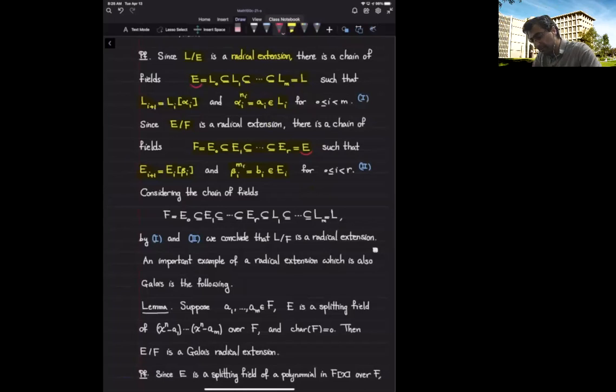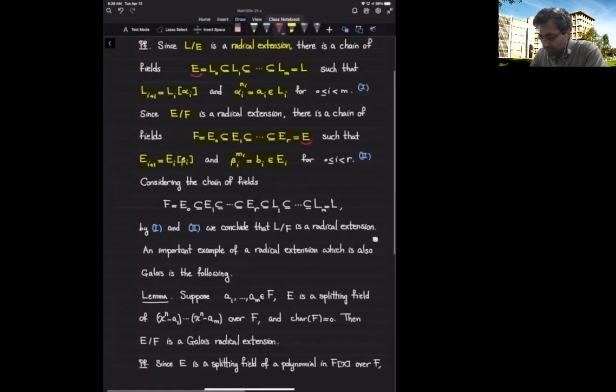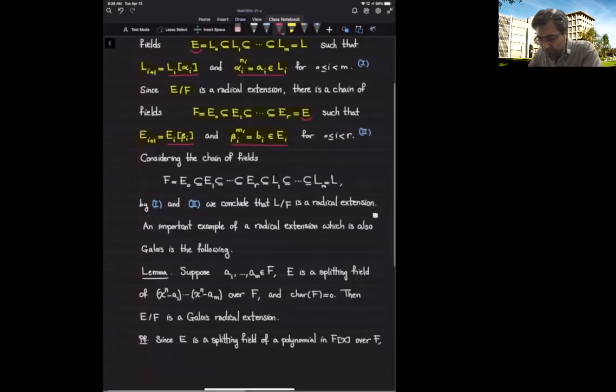I start from F, I get to E sub r, and then I start from L sub 0 and end at L. By looking at these properties over here, each time I'm adding a zero of a polynomial of the form x to power k minus some element in the previous field. So this chain shows us that the extension L over F is indeed a radical extension, and that's exactly what we wanted to show.